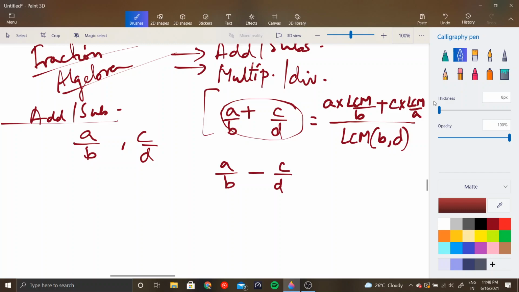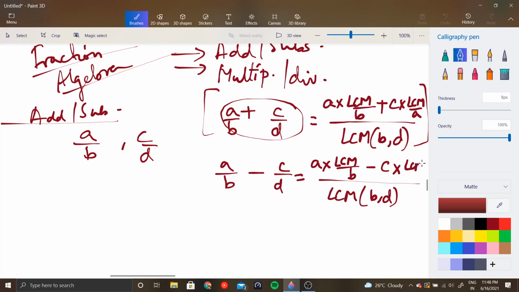And you will get your answer, correct? Similarly, here find the LCM of b and d, multiply a with LCM by b minus c into LCM by d. Now this may look complicated, but it actually is not. It's fairly simple. Let us actually take an example and understand this better.